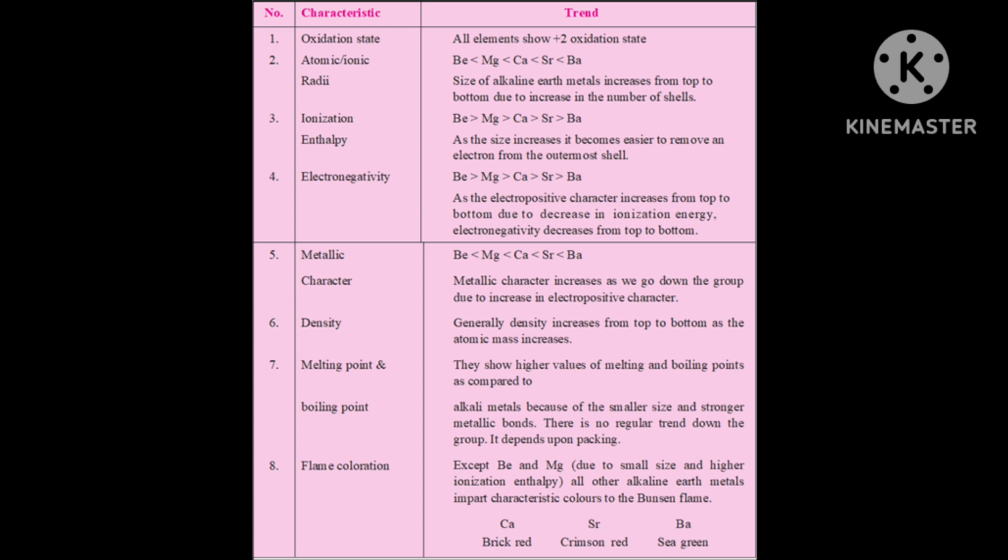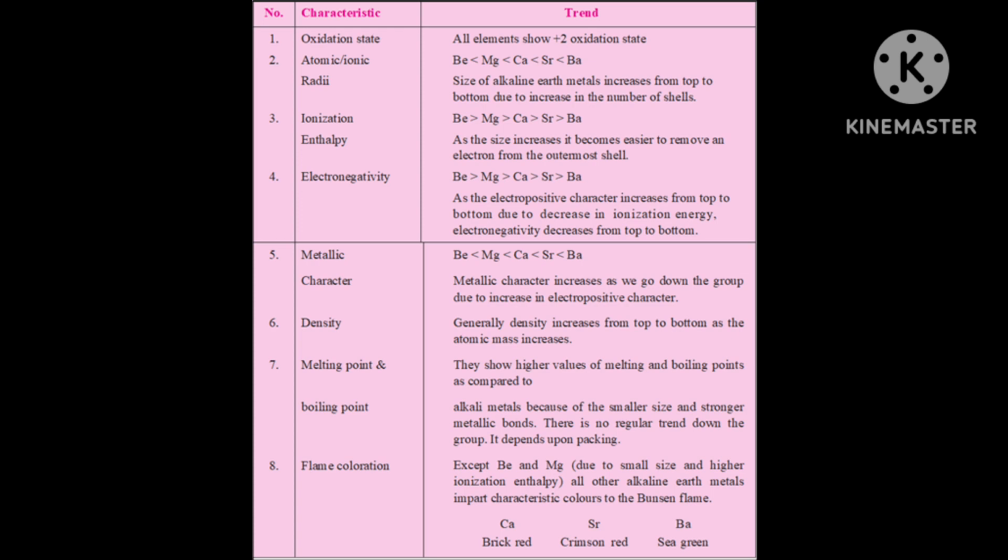Boiling point, again obviously boiling point will be more than melting point. Then for beryllium it has 2745 Kelvin, and after that magnesium is less, 1363, and again calcium is increasing, that is 1767, and strontium also is increasing, but with a little decrease, just like melting point.